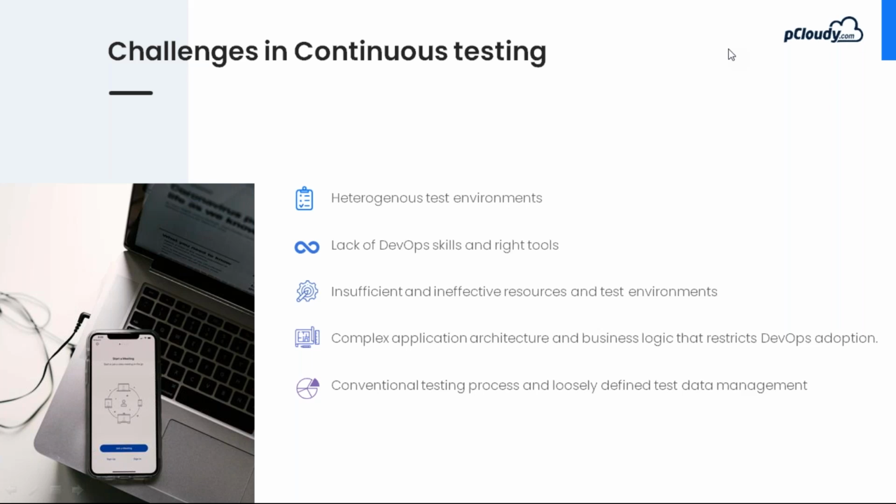Longer code integration cycles, which generally create integration issues and late defect fixes, etc. So all these things are challenges in achieving continuous testing. Let's move on to the next slide to understand the right tools, which tools can be used to achieve continuous testing.